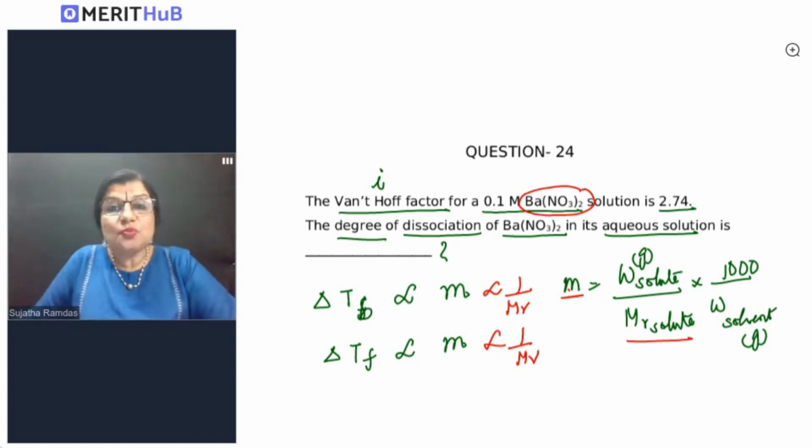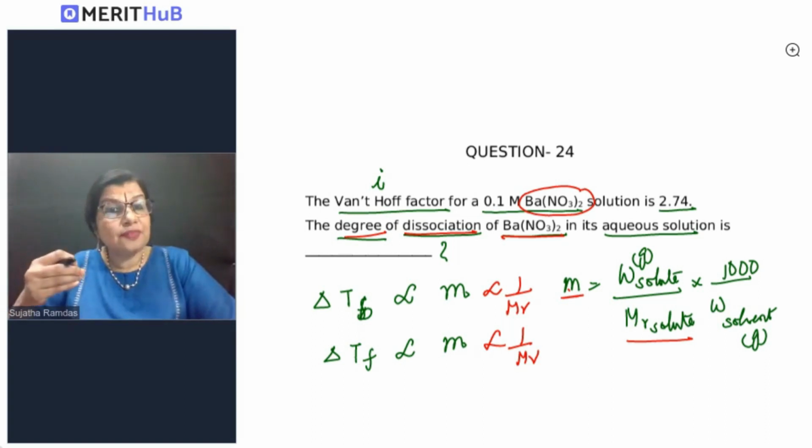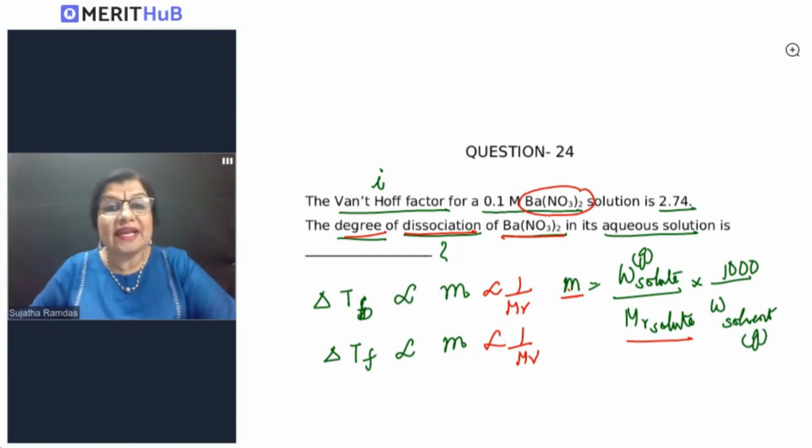So that is what you need to calculate here, the extent or the degree of dissociation of this ionic compound. When it dissociates, you start with 1 mole of the ionic compound and you get more number of particles in the solution due to dissociation, and therefore the colligative properties will increase.